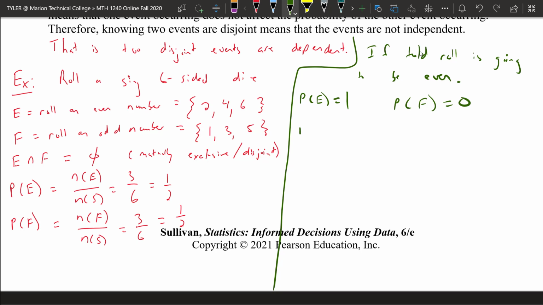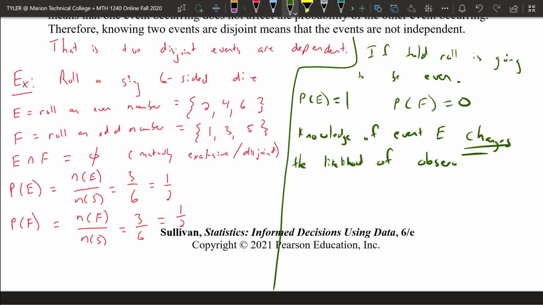So in other words, the knowledge of event E changes the likelihood of observing event F. Right?